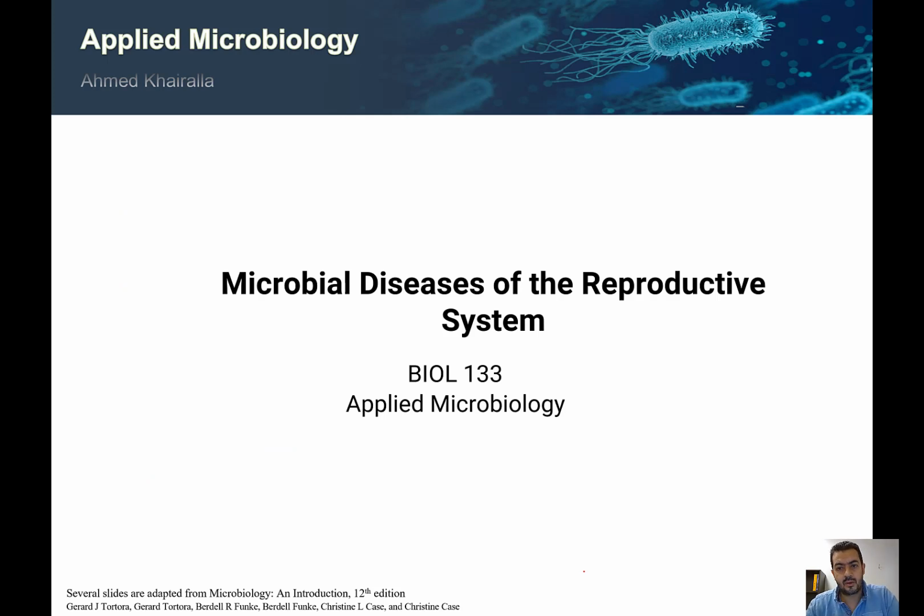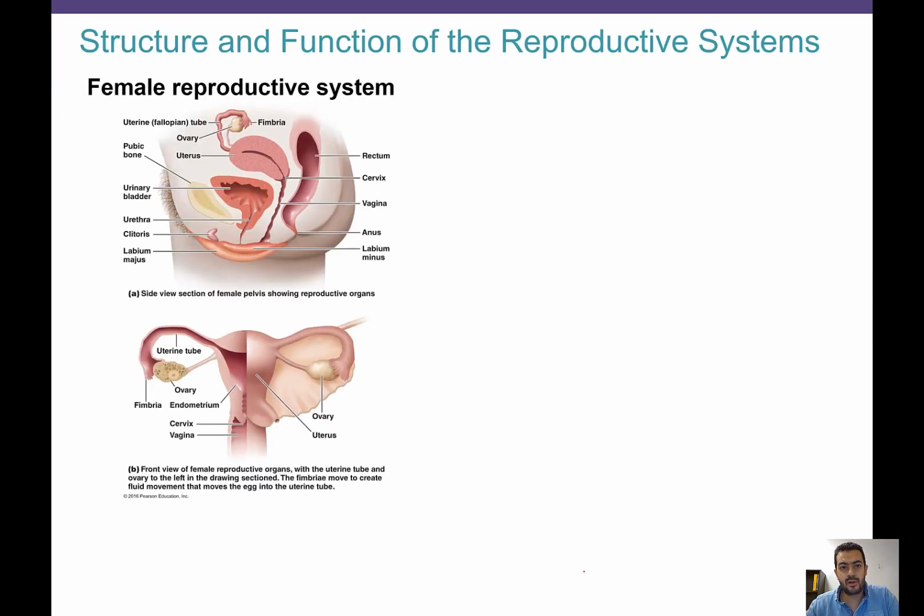So this quick summary brings us to the microbial diseases of the reproductive system. We will compare quickly the structure of the female and the male reproductive system. I will not go into details, but I will leave the slide for you to go through them. This is one thing that we have covered in the previous slides.